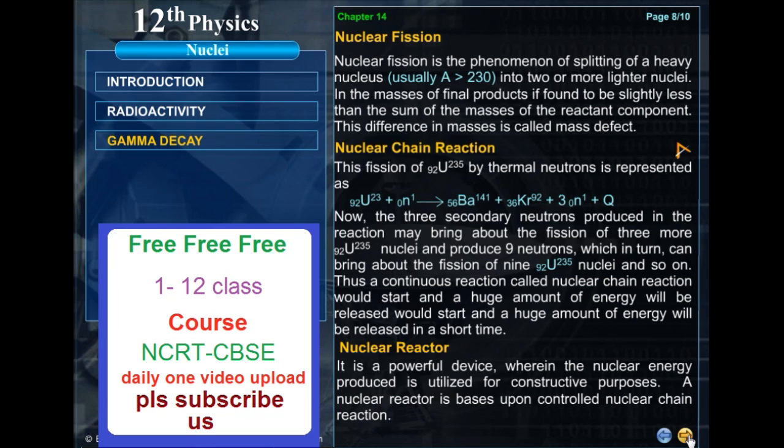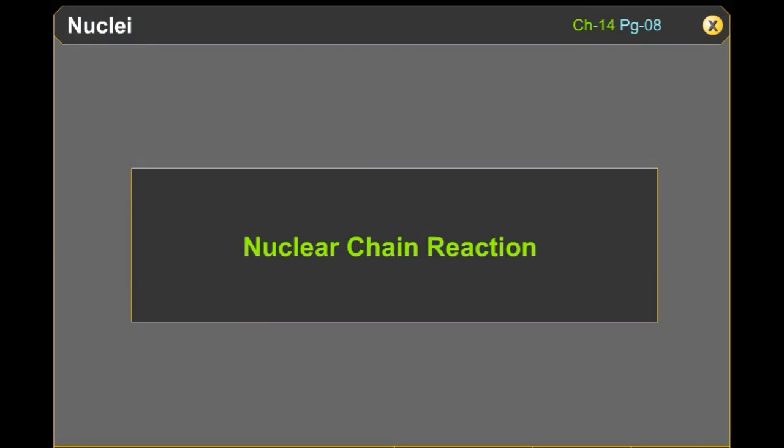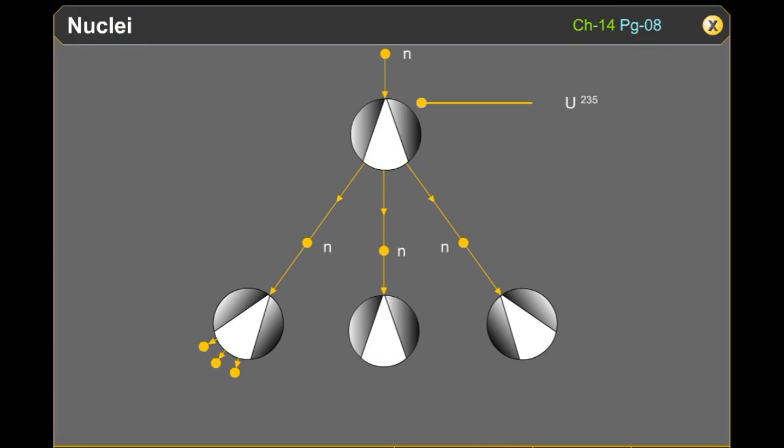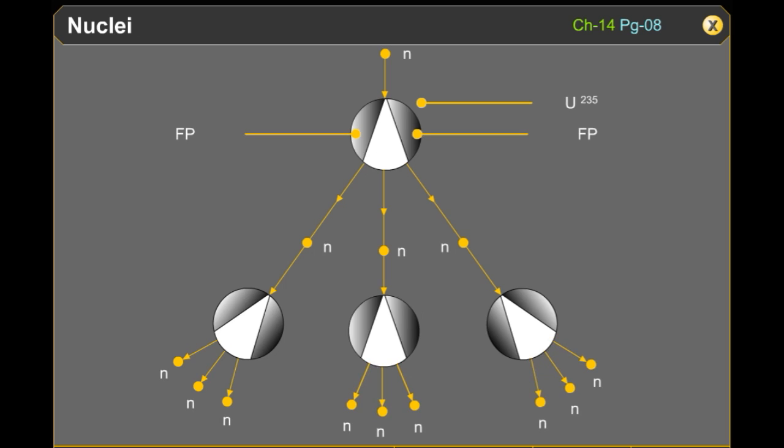Nuclear chain reaction. In the nuclear chain reaction, mainly uranium-235 nuclei and neutrons are used. Here, Fp represents the fission product.